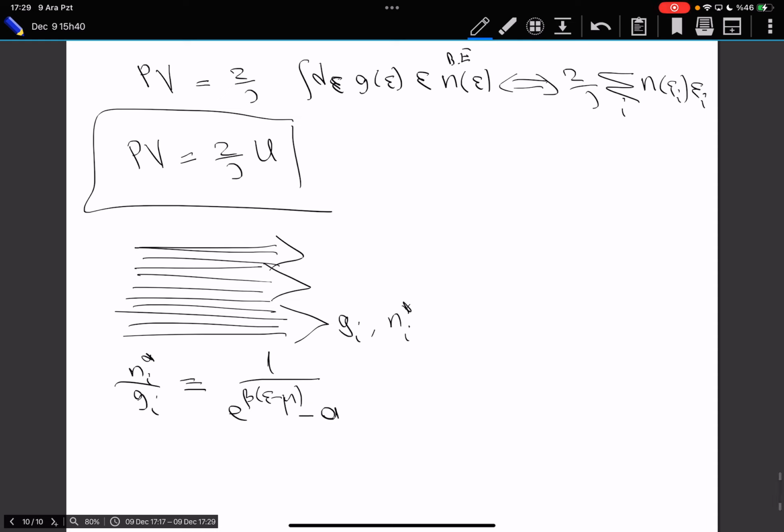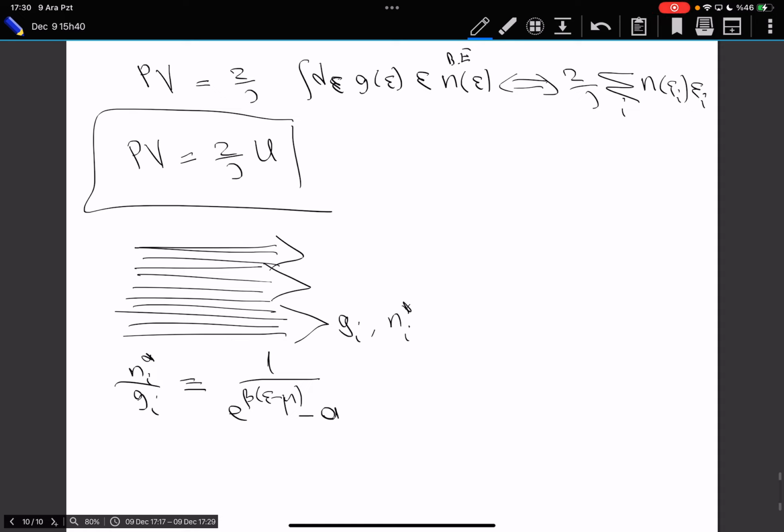So we didn't calculate N_i's. What we obtained was N_i star over g_i. So we then basically sum over all cells. And we said that, okay, if g_i states each have N_i star particles, N_i star over g_i will be the average number of particles of each one of those single particle states.